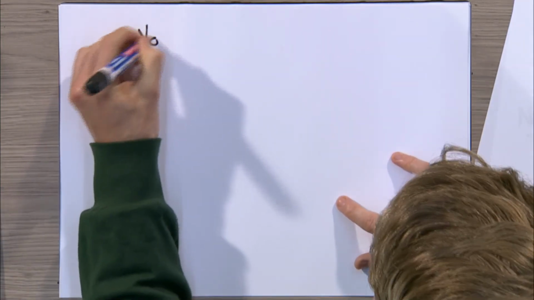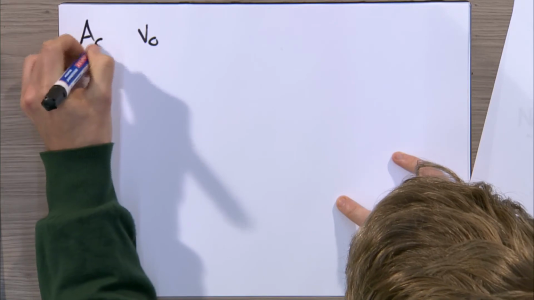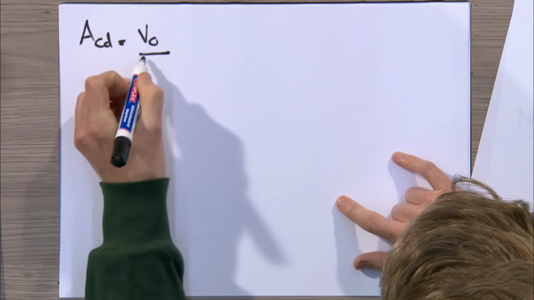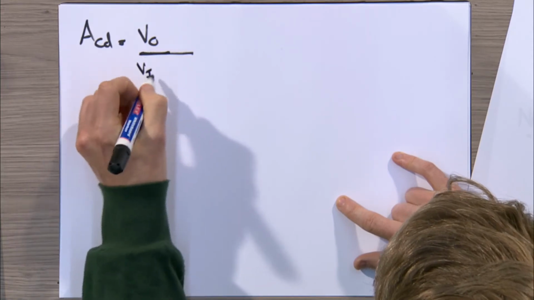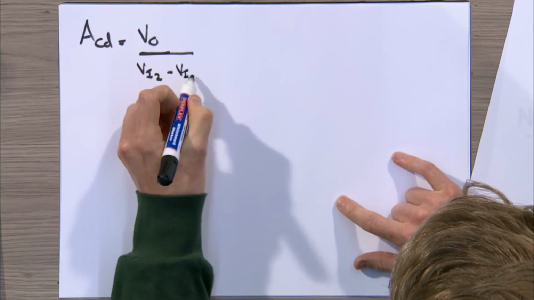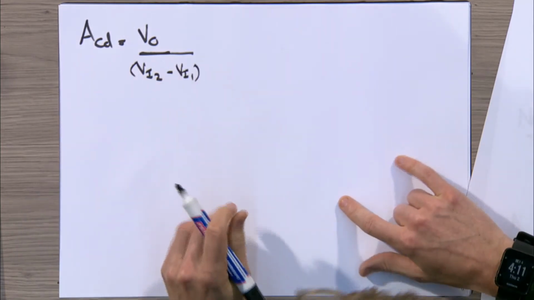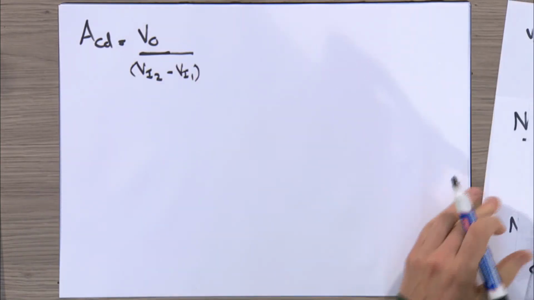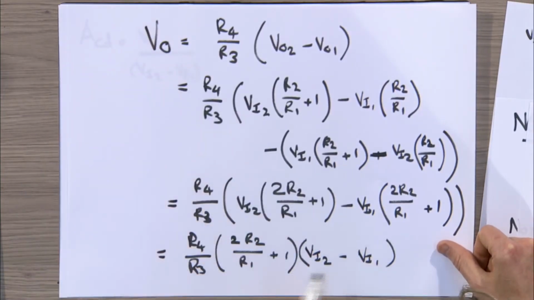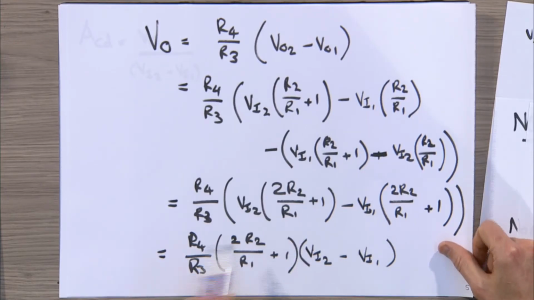So our gain, and it's still our closed loop differential gain, can be calculated as the output voltage divided by the difference between the two input voltages. So Vout is equal to this equation, and dividing by the difference between the two input voltages will just give us this bit.